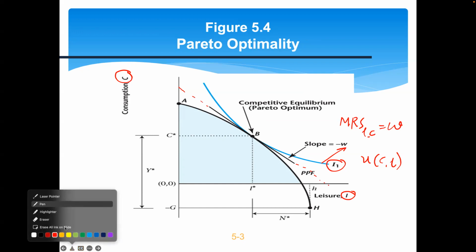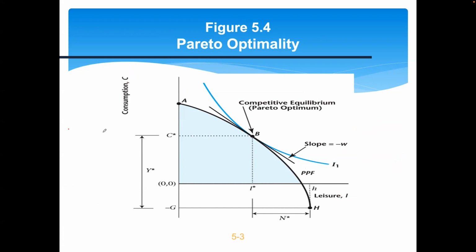Now we switch to the firm side. The firm takes the wage as given, so they maximize profit, where profit equals output minus W times N minus R times K. But the capital term is fixed, so we can ignore it. They choose labor demand, subject to the production possibility.